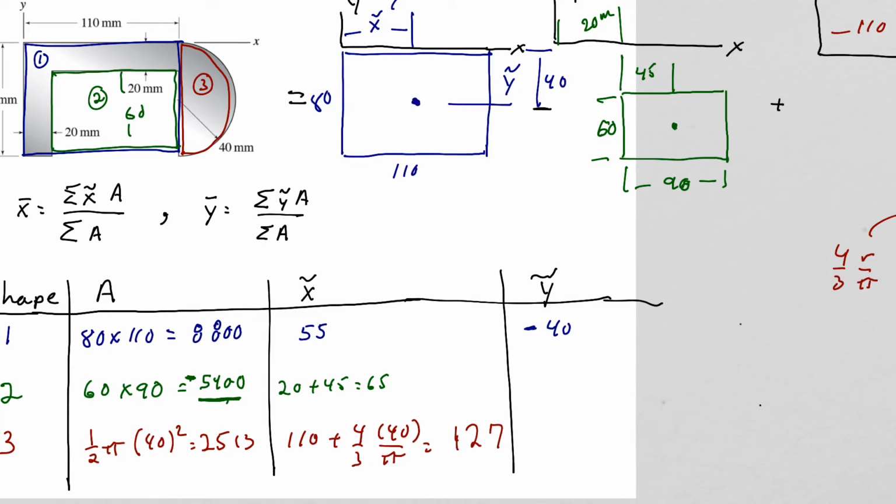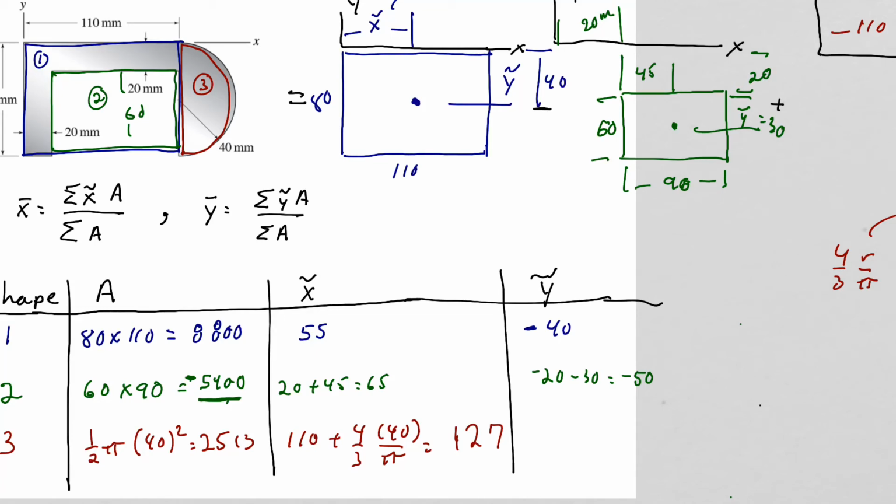If we look at the green one, we again have this is 20, and then this is our y tilde here, and that is half that, which is 60 or 30. So we have here a minus 20, minus 30, or minus 50 is the location for that one.